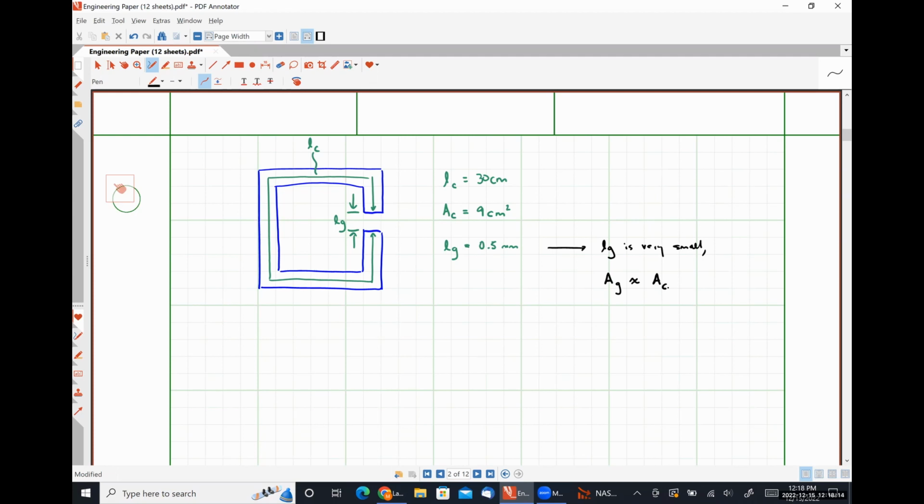We are going to wrap a wire around our core, like so. And we are provided the following information. Our core is going to be made of M5 steel. We're not going to use a table.